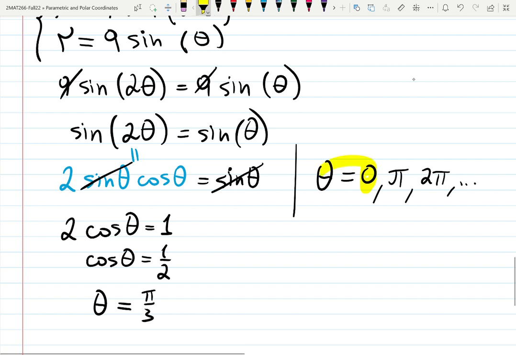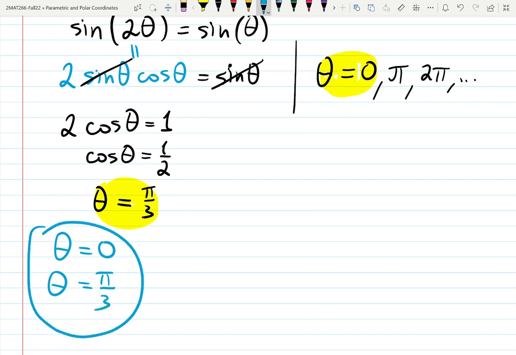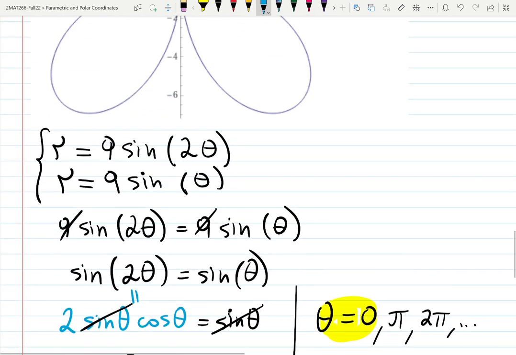So now we have 2 angles we need. The first ones, 0 and pi over 3. Let's write it down. Theta is 0. Theta is pi over 3. Let's go back to the picture and see if it makes sense. It better make sense, or else.